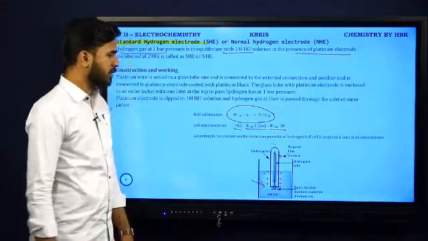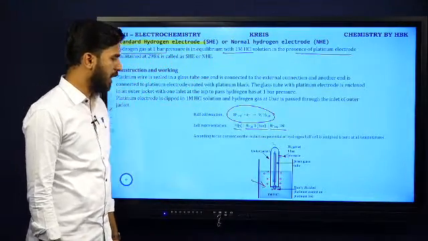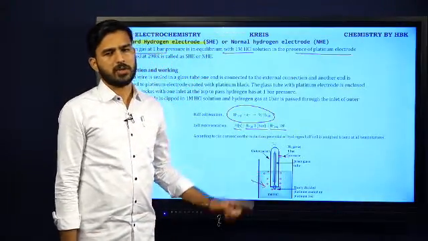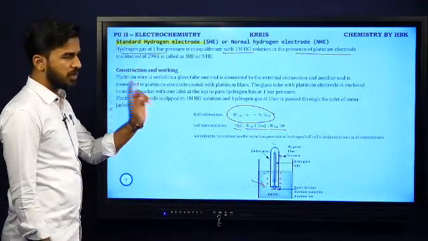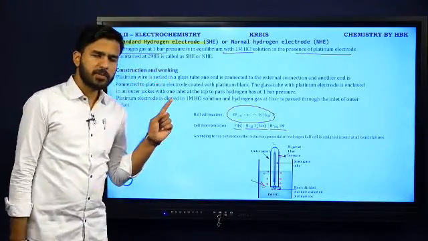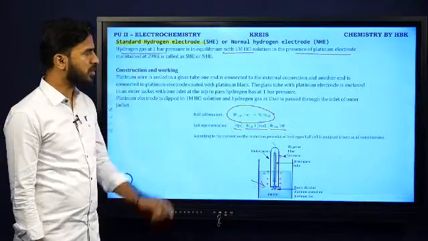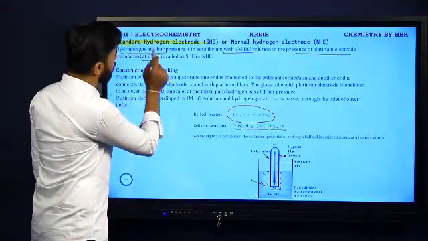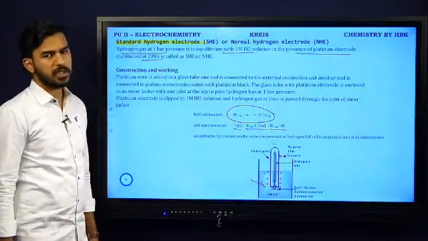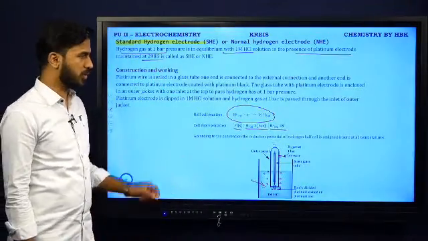So this is a simple diagram which represents the standard hydrogen electrode. Standard hydrogen electrode is hydrogen gas at 1 bar pressure in equilibrium with 1 molar HCl solution in presence of platinum electrode at 298 Kelvin.